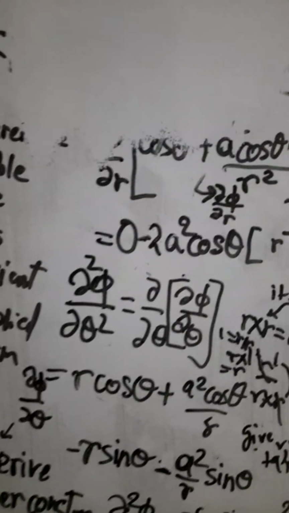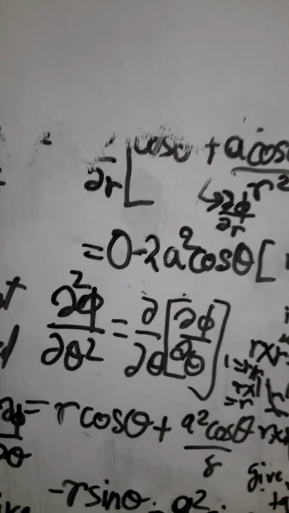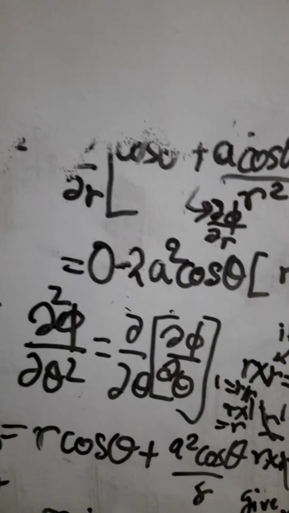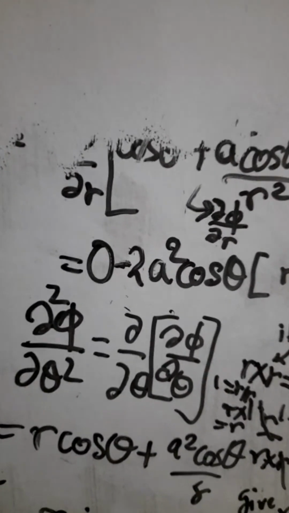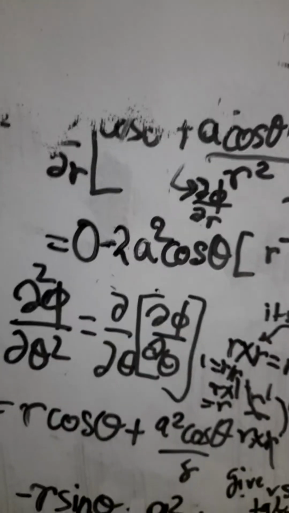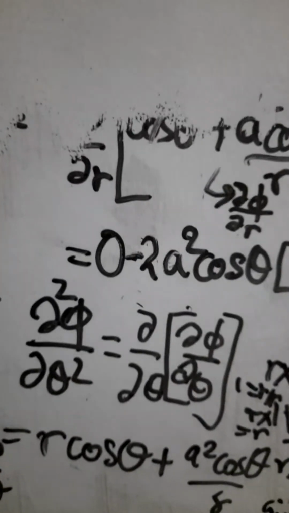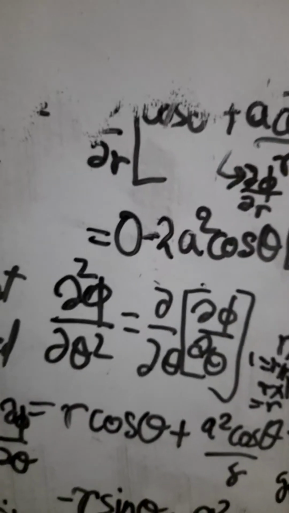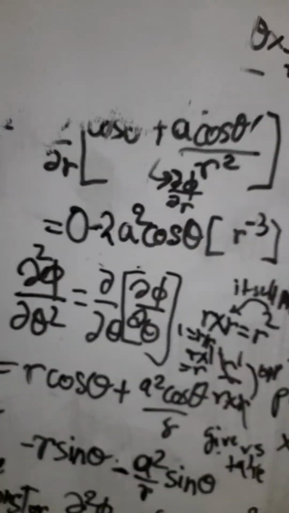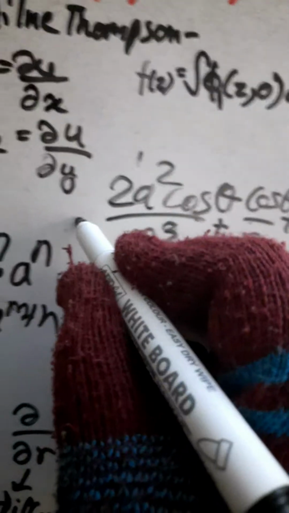Minus r cos theta. R square cancelled. So this is minus cos theta by r. Done. Minus a square by r cube cos theta. Yeah, that is also correct. Now we had minus 2a square cos theta by r cube. By the way, you have to understand, this is the problem I did.